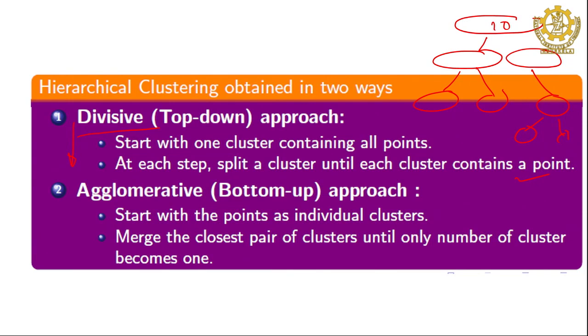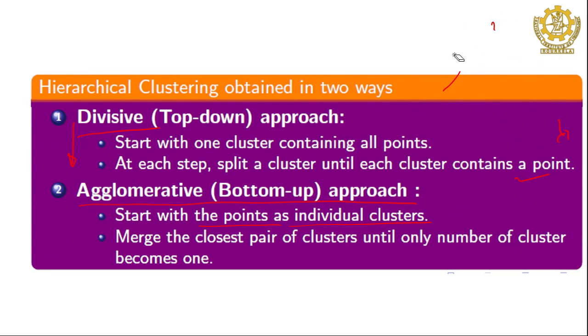Another approach, and the most popular one, is called the agglomerative approach. What is that? Instead of considering the entire data set as a cluster, you consider each point as a cluster. So, start with the points as individual clusters, and merge the closest pair of clusters until the number of clusters becomes 1. It is the other way around.